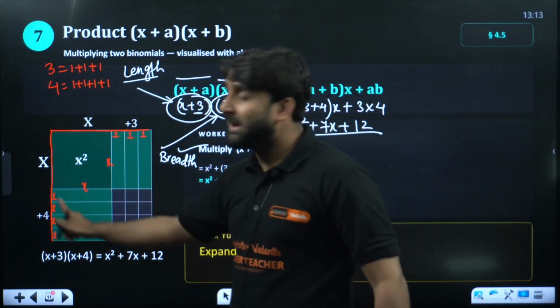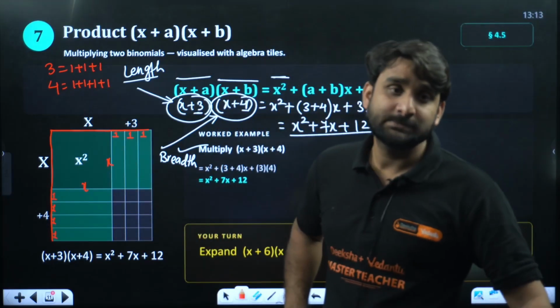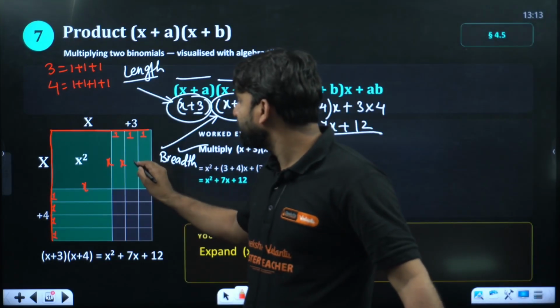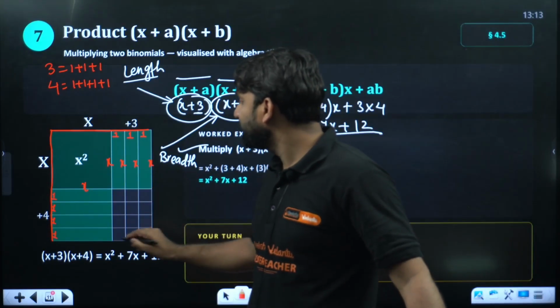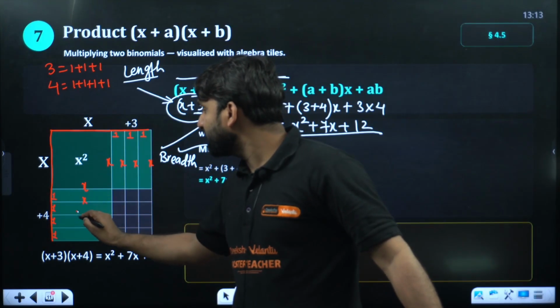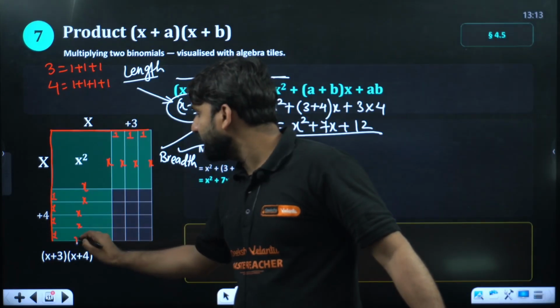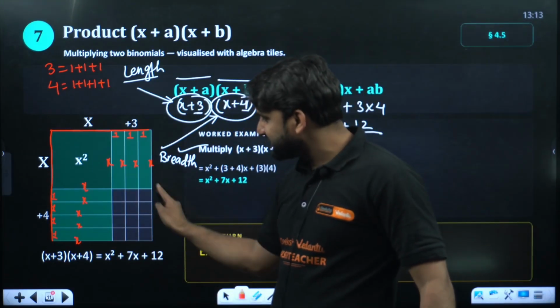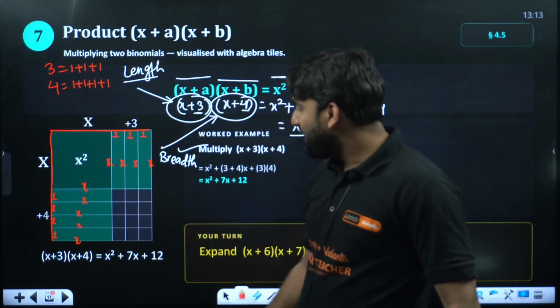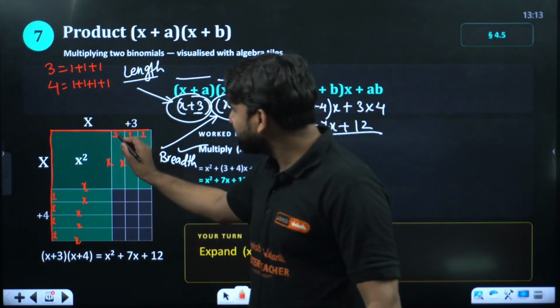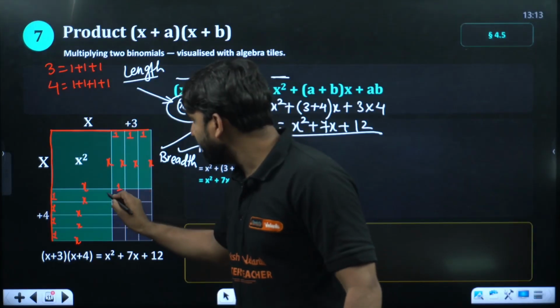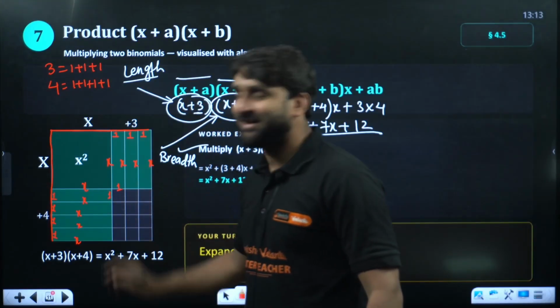So we have a square, so the side will be x square. Correct? And if this is x, it has to be x here. But the interesting part here in these boxes, the black colored ones, my dear champion, if this is 1 width, it has to be 1. And if this is 1, it has to be 1. So this is a square.